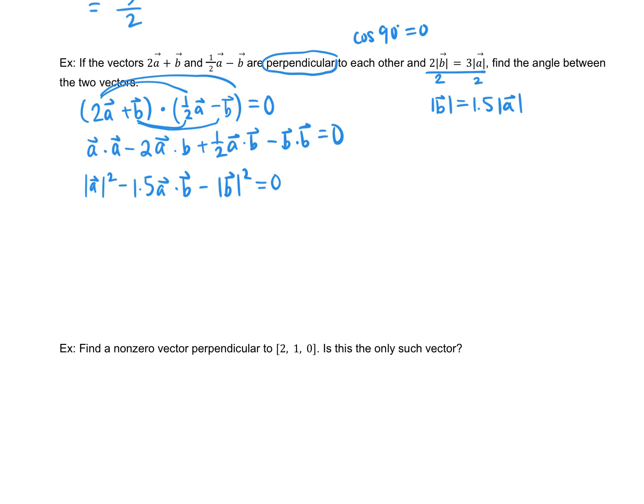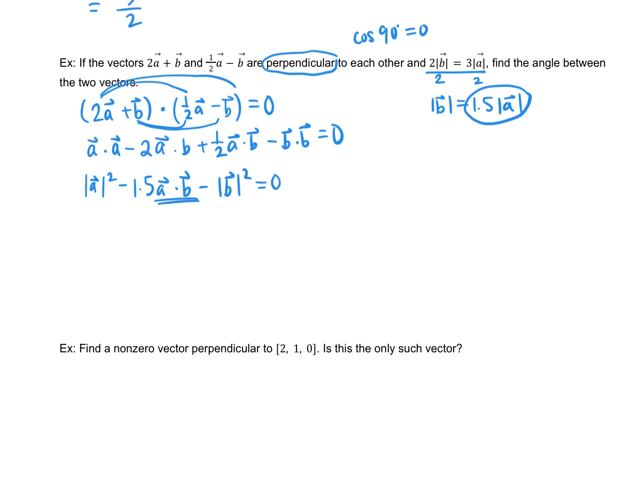All right. So at this point, I can try to make everything about vector a instead of having it about a and b. Now, actually, there's one more thing that I can convert here because I have some magnitudes, but then I have this dot product. I also want to find the angle between A and B, so I need to bring in a theta somewhere.